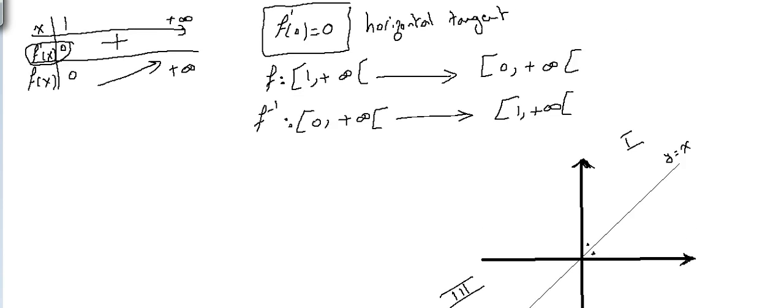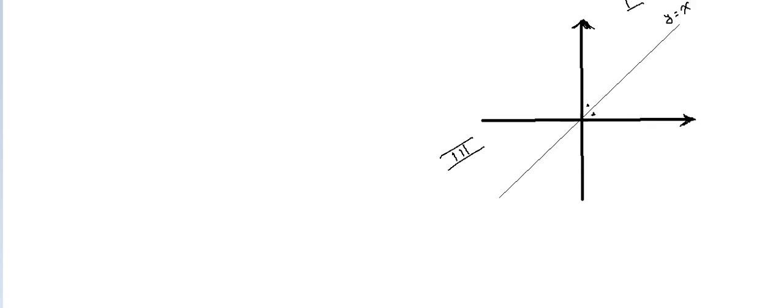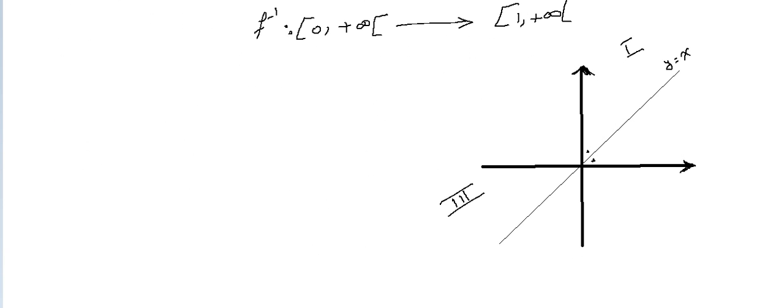All right. Let's see if our curve, which is y equal x squared minus 2x plus 1, cuts this straight line, the first bisector, y equal x.